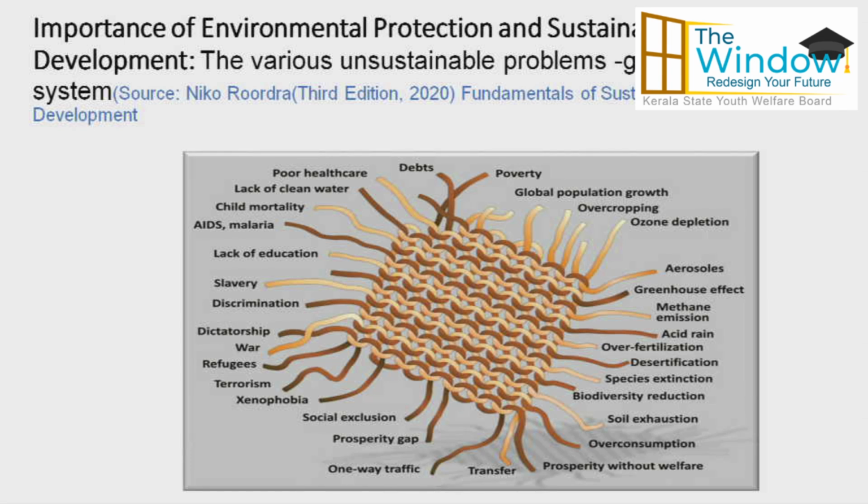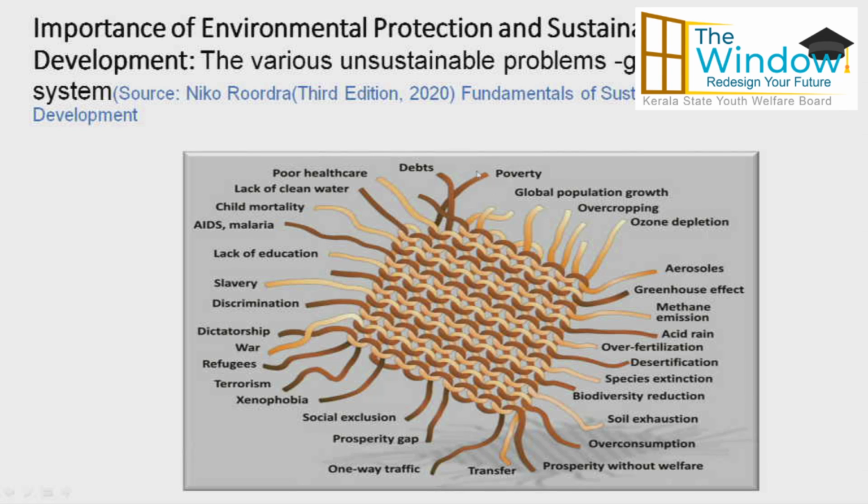So this figure shows that there is an interaction or interlinkages among different issues, whether purely environmental issues or other issues, all are interrelated or interlinked. So let's start with the concept of poverty.